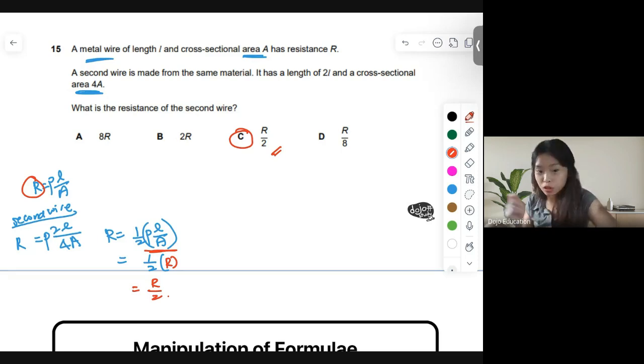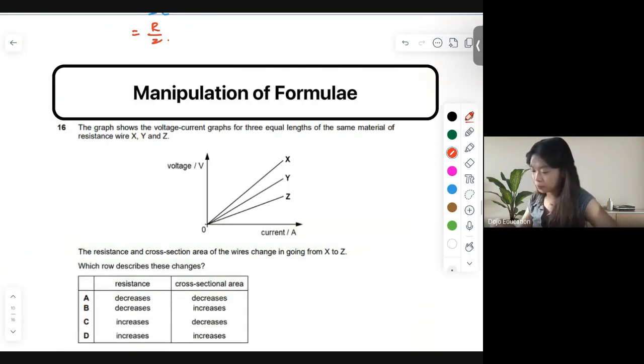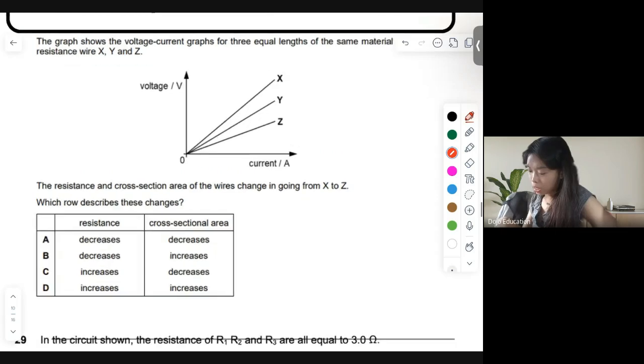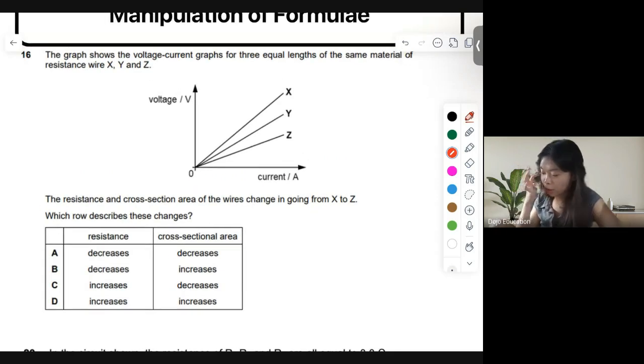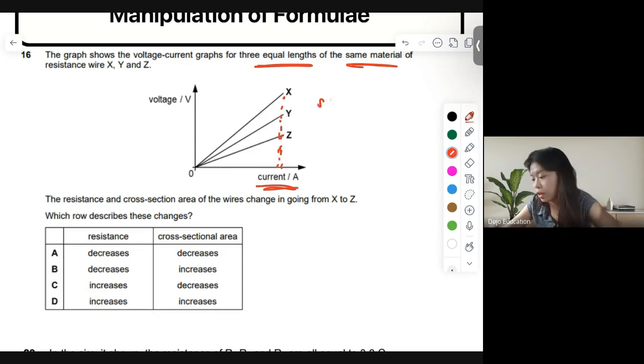Okay, then I will just move on. For the next part, the resistance and cross-sectional area of the wire change in going from X to Z. Which row describes these changes? Here it says equal length and the same material. They have the same current also, because if you realize they all end up at the same x-axis, which means they all have the same current.